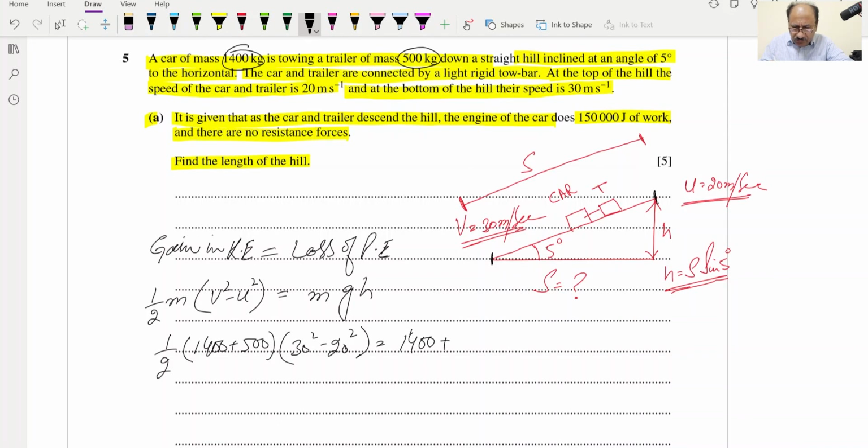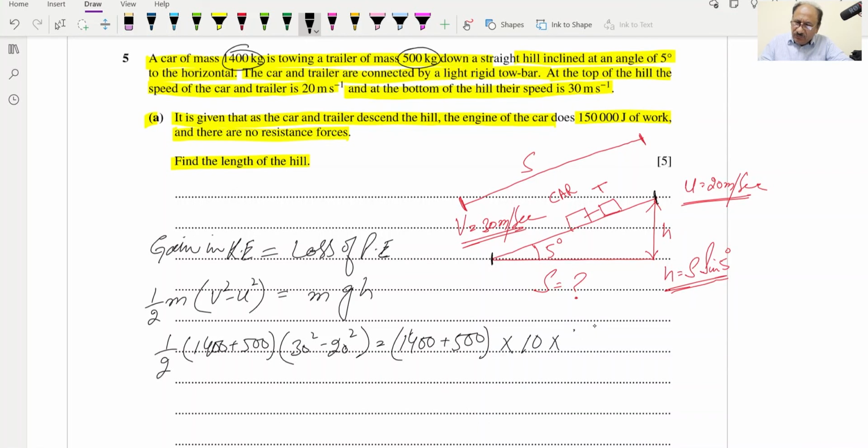Mass will not be changing because car and trailer both are not changing. This one into g value, so going down, so g will be this one, and h we need to find.